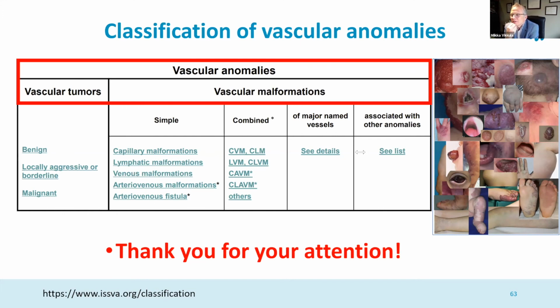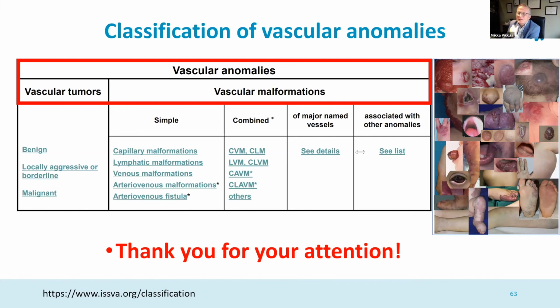The work will continue until the next ISSVA meeting next year, so we will see what the working group comes up with. But I still think that biobanking and more genetic data will help classify the lesions.